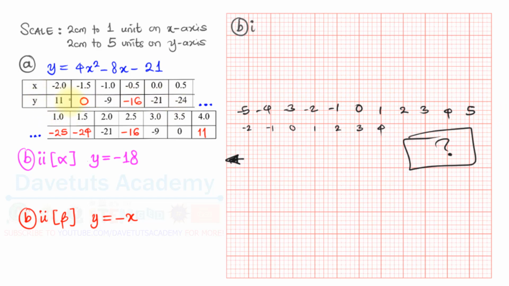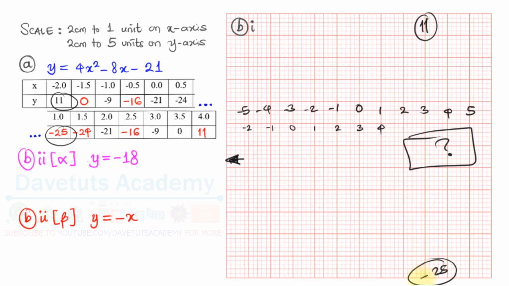But what about the y-axis? On the y-axis, I have my maximum value to be 11 that is featured there, and then the minimum to be minus 25. But we were told that 2 centimeters is to represent 5 units on the y-axis.